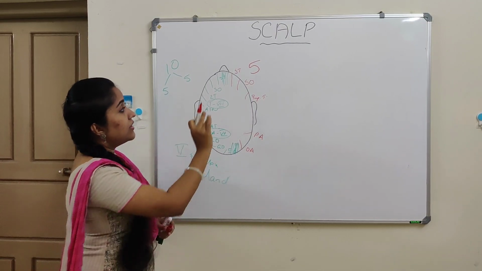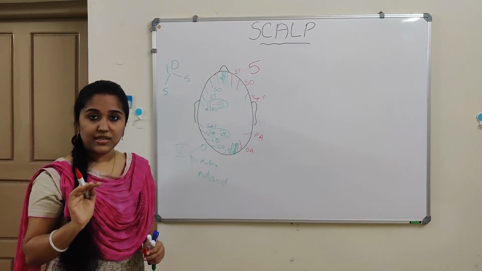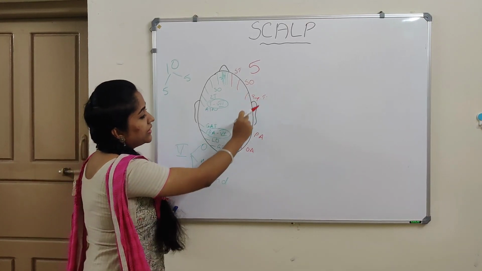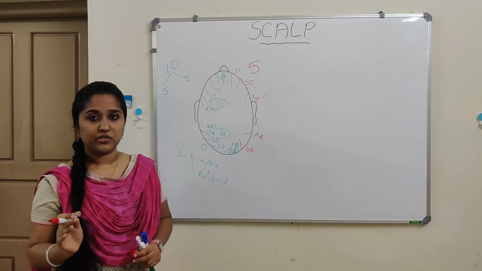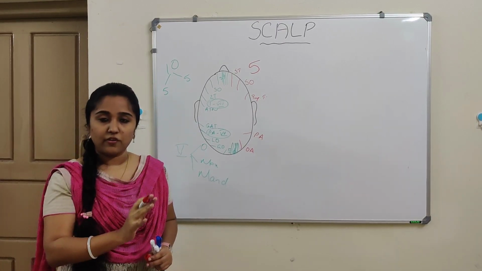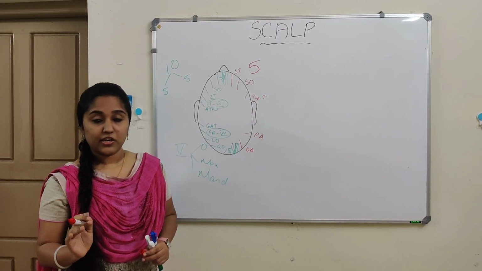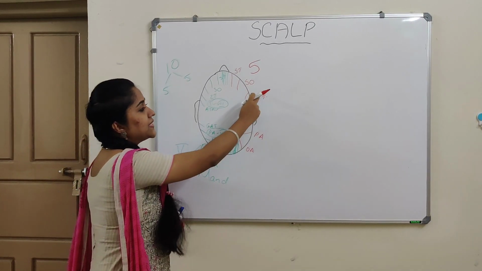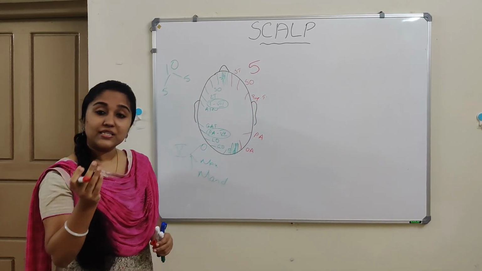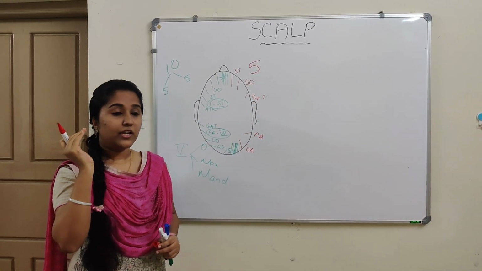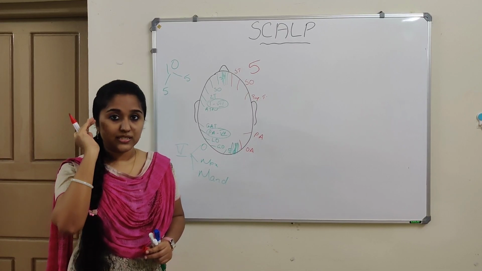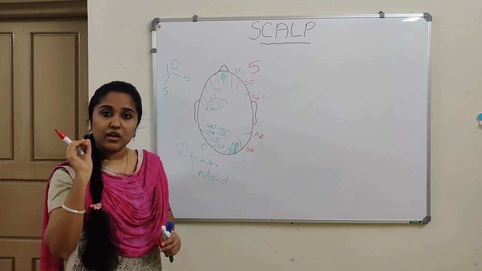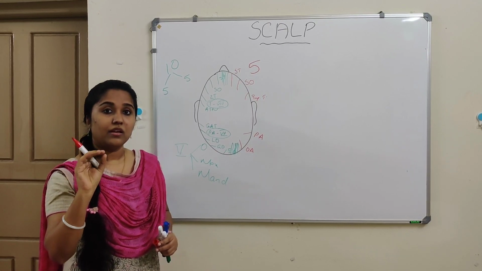The supratrochlear and supraorbital are indirect branches of the internal carotid artery, whereas the other 3 are branches of the external carotid artery. So the scalp is the site of communication between the internal carotid and external carotid arteries. The second importance is that superficial temporal artery pulsations can be felt in front of the tragus along the zygomatic arch, and in conditions like temporal arteritis, these pulsations can be seen properly.